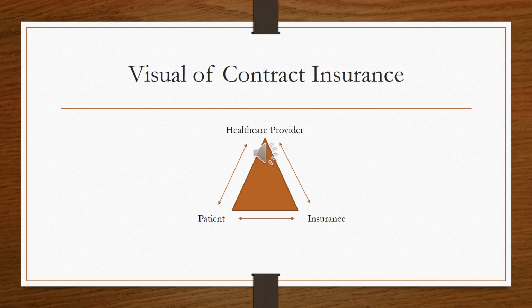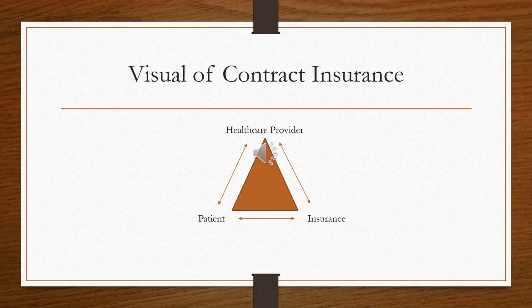Finally, the healthcare provider and the insurance company in a contract insurance situation signed a contract, and that means the healthcare provider agrees to abide by the terms and conditions of the insurance contract and to submit claims to the insurance and not to bill the patient until the insurance has processed the claim.